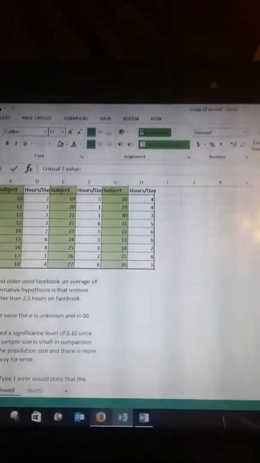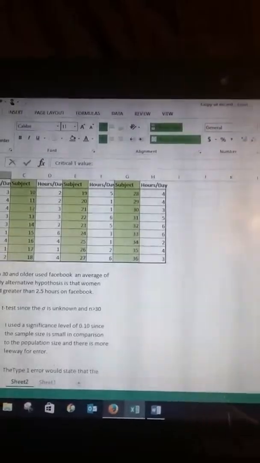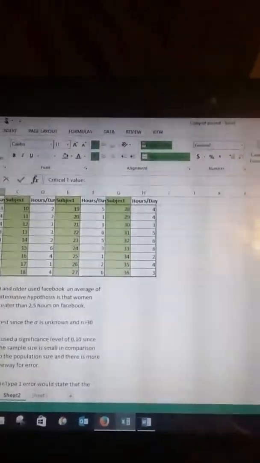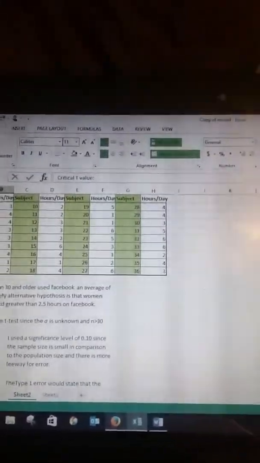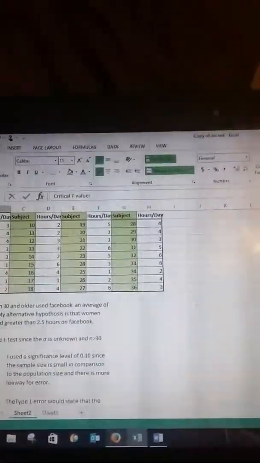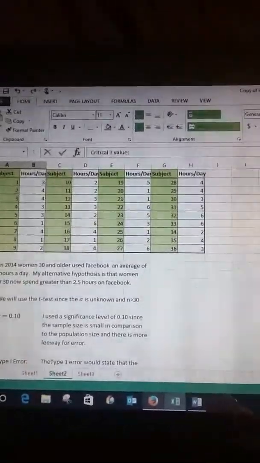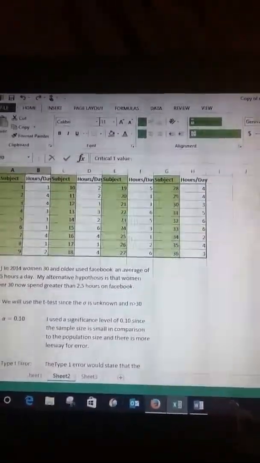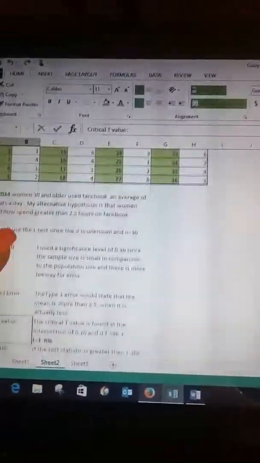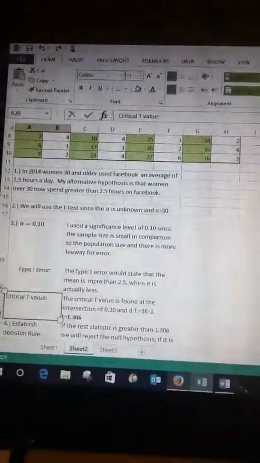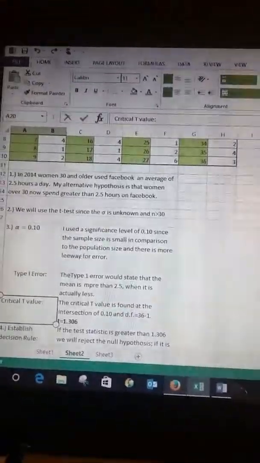me record anything. Anyway, so I did my little study on women 30 and over and how long they use Facebook every day, which Gonzalez Research Studies says that in 2014, women 30 and older used Facebook an average of 2.5 hours a day, and the alternative hypothesis is that women over 30 now spend greater than 2.5 hours on Facebook.